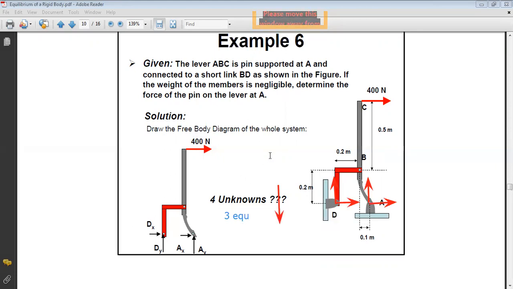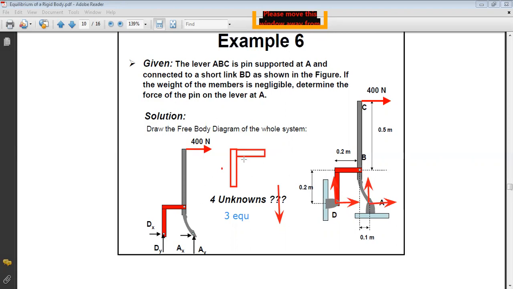Now, if we take BD alone, we can say directly what? BD is a two-force member. Why is BD a two-force member? Because if you look at BD, since they said the weight of the members is negligible, so no weight.